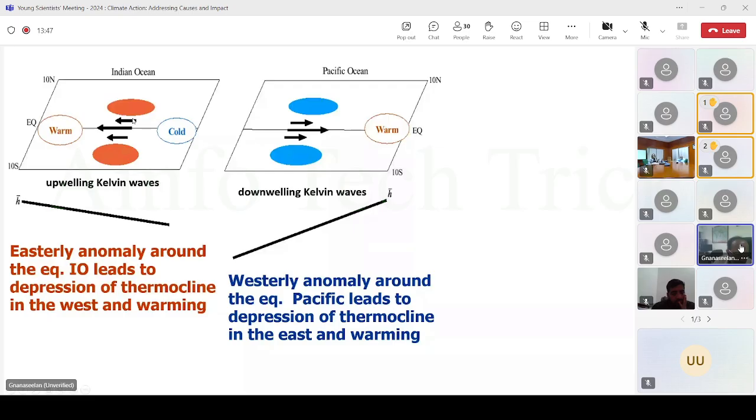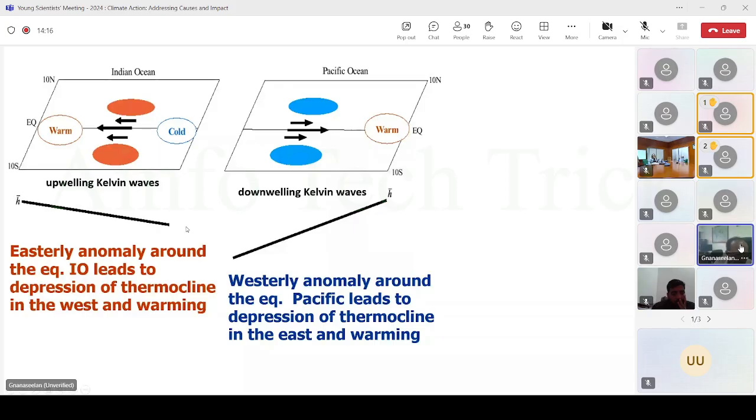So now, because these Rossby waves propagate westward and the basin is very small, within a few months they can warm the western Indian Ocean and create an SST gradient between the west and east, which will drive or intensify the easterly winds further. And this is the climatological thermocline pattern.